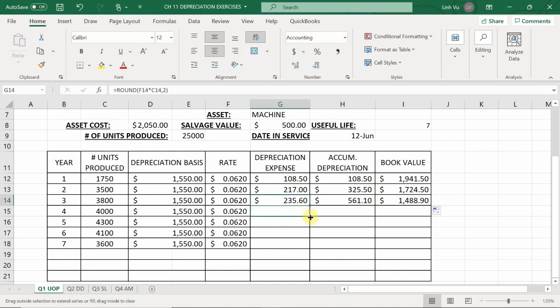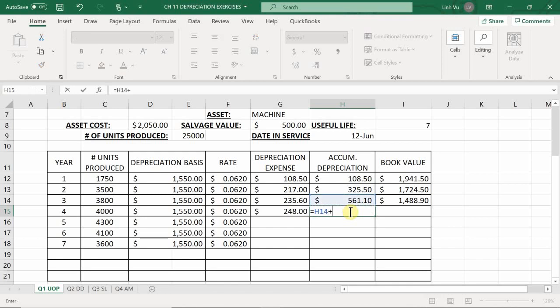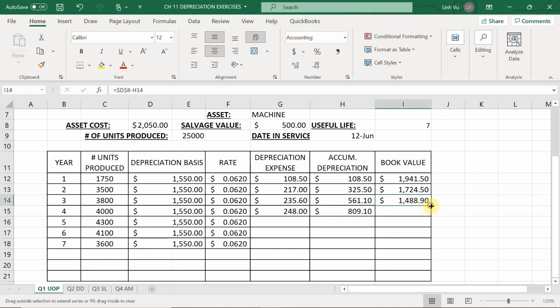So 4,000 times the rate of 6.2 cents gives you a grand total of $248, which you add to your previous accumulated depreciation of $561.10 to give you a grand total of $809.10. That brings your book value down to $1,240.90.